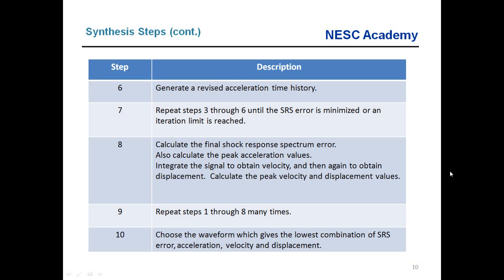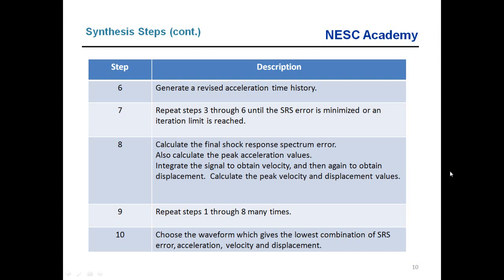And then step 9 is we repeat steps 1 through 8 many times. Well, for the example that we're doing in class here, many times is equal to 75. But again, if you're doing this in earnest and you really have a tough spec that you're trying to meet, you might want to do it 2,000 times.